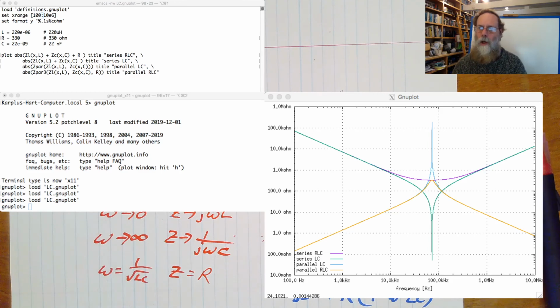And you can see for the values I picked here, where the resistance is 330, only a little bit of the parallel connection is changed, but a lot of the series connection is changed because we're looking at a fairly large resistance here relative to what the LC circuit is providing.